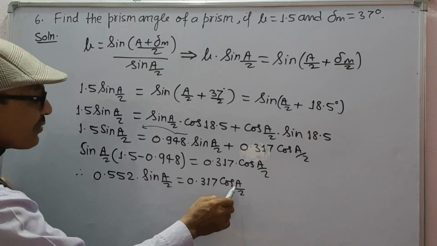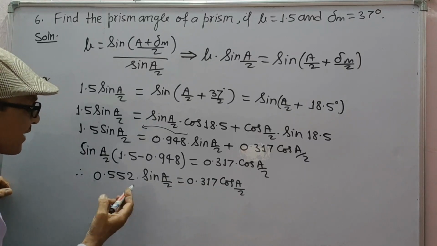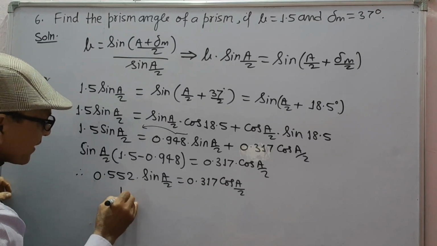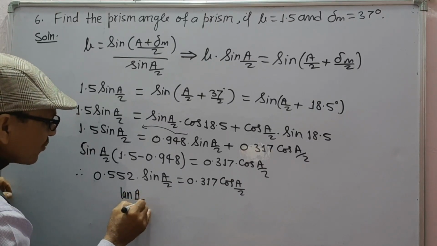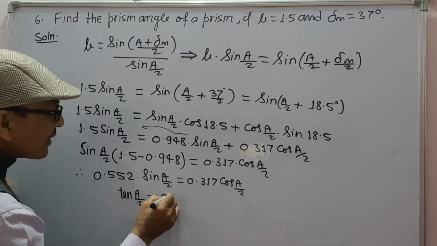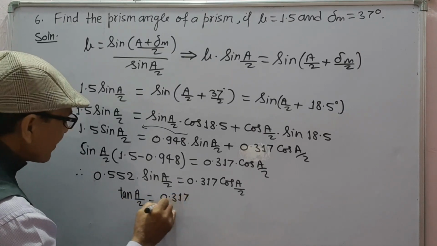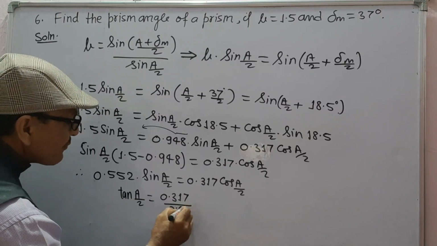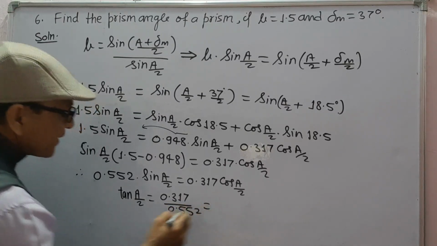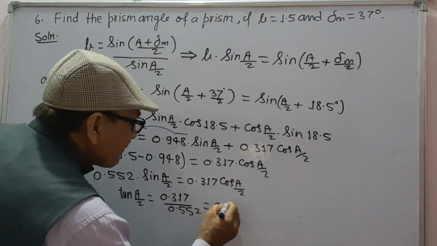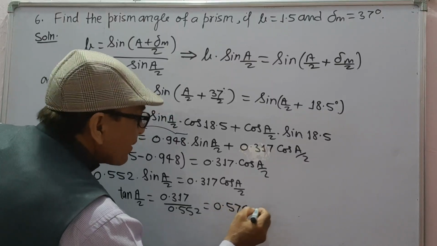Sin A by 2 upon cos A by 2 gives tan A by 2. Tan A by 2 will be equal to 0.317 divided by 0.552, that is 0.574.